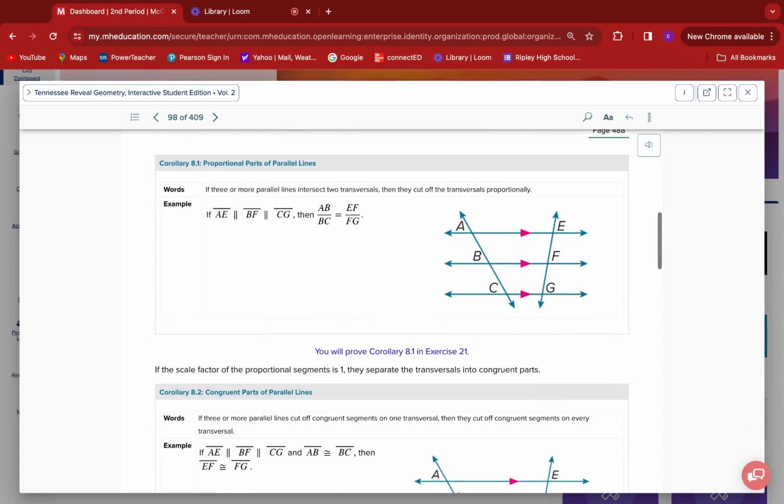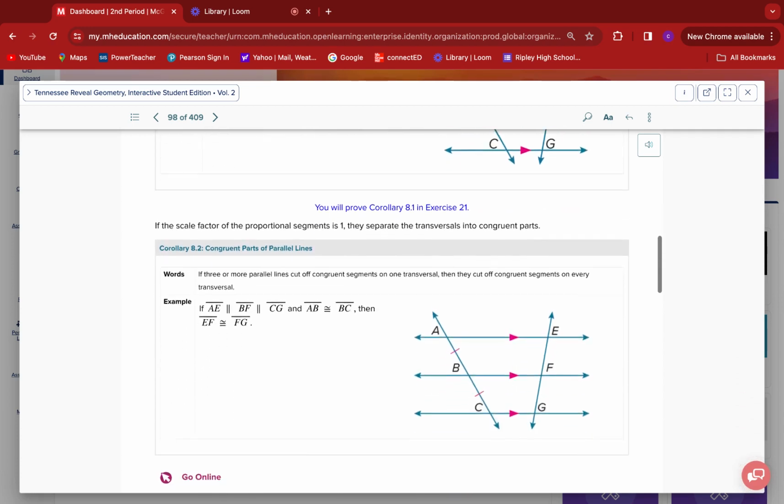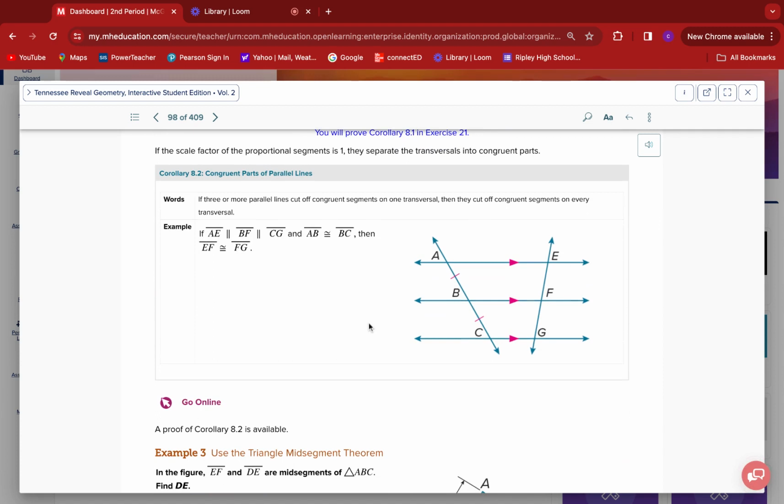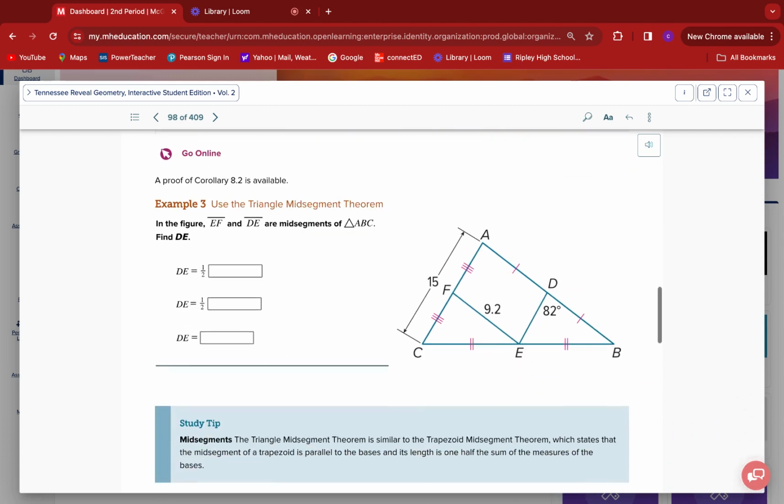So nice little rule there for proportional parts of parallel lines. And vice versa, if they are marked equal to each other, so like AB is marked equal to BC, EF will also be with FG, and that means that these lines are parallel. That's what these little weird looking triangles are. All right, let's get into it.